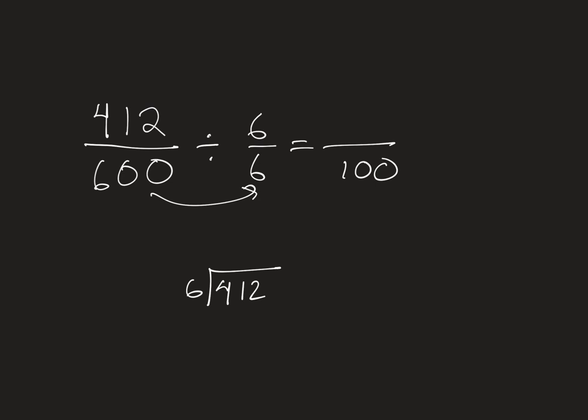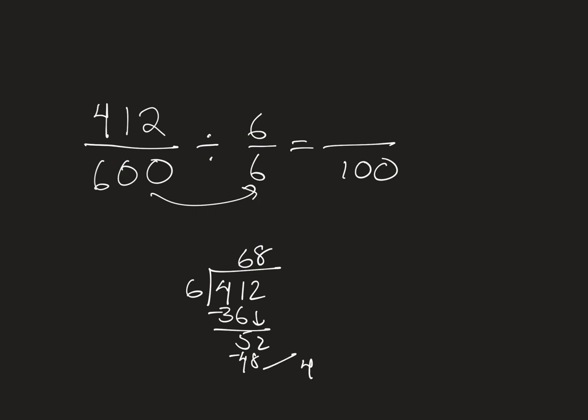6 goes into 4. Well, we can't do that. 6 into 41. That's 6 times. 6 times 6 is 36. 41 minus 36 is 5. Bring down the 2. 6 goes into 52. That'll be 8 times. 48. Subtract. We get 4.